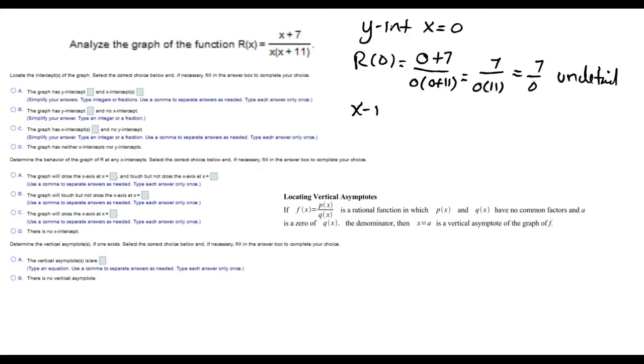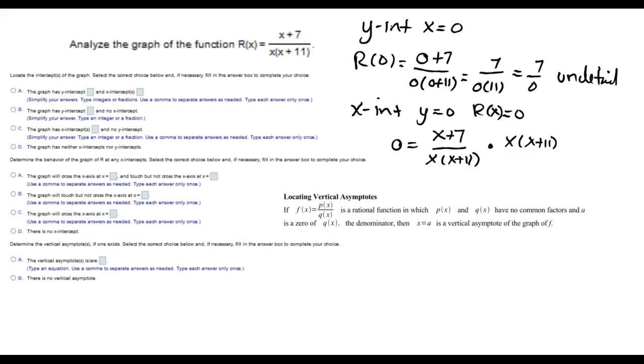And then we want to find any x-intercepts. You can find x-intercepts by letting y equal 0, and r of x is the same thing as y, so we're setting our function equal to 0. So this would give me 0 equals (x plus 7) over x times (x plus 11). To solve this rational equation, I want to cancel out the denominator, and I'll do that by multiplying both sides by the denominator.